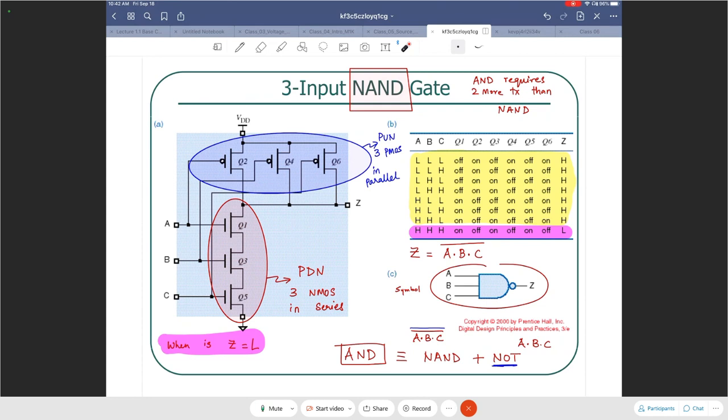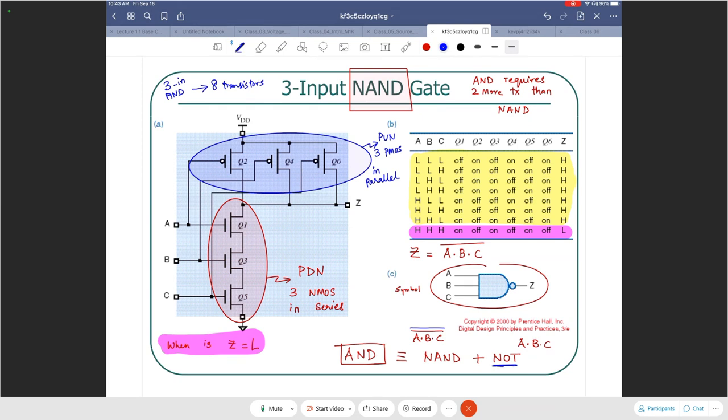So you get a total of 8 transistors to implement a 3-input AND gate, right? So 3-input AND will require 8 transistors. 6 of them to get NAND, 2 of them to get NOT.